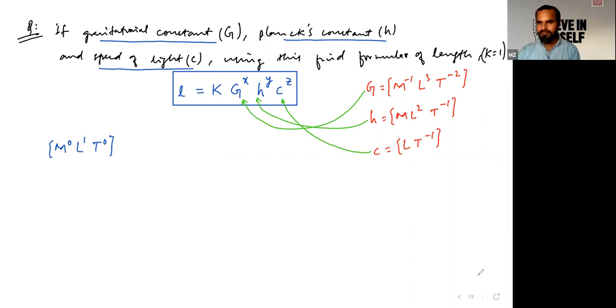So while comparing, can we get the value of x in terms of y? Yeah, you may.